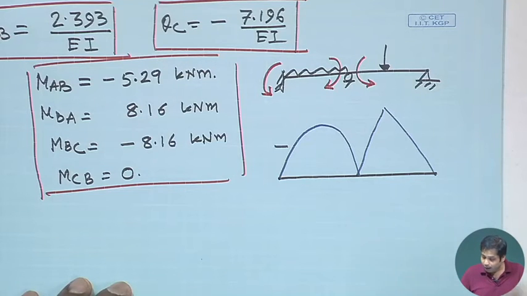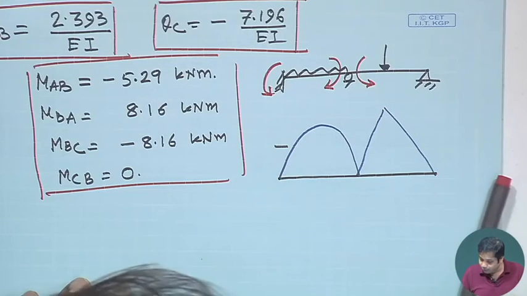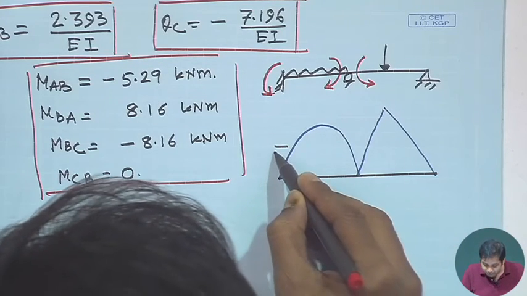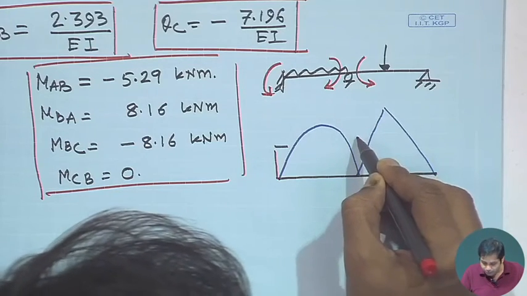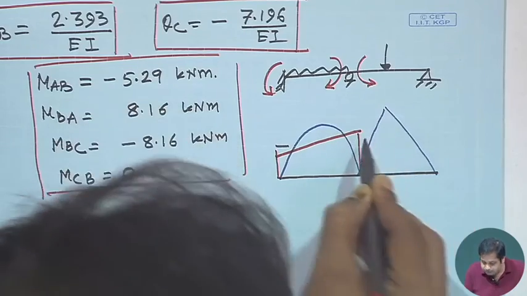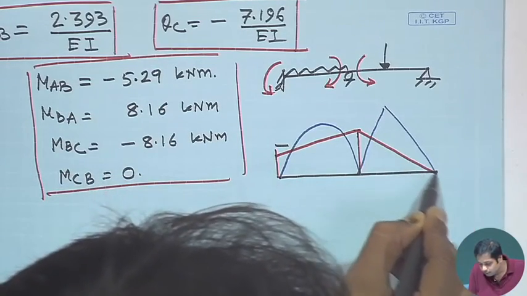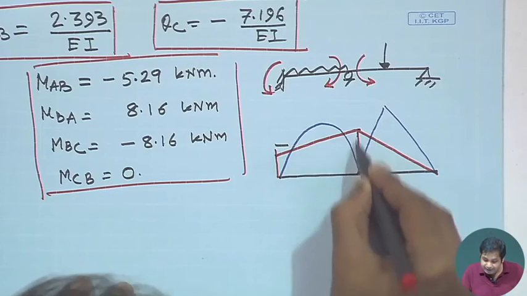Okay, now this is positive bending moment. Next, on top of this, these are all negative bending moments. So, this value is 5.29, this value is 5.29, and this value is 8.16, and then this becomes this. Okay. So, this is positive and this is negative.